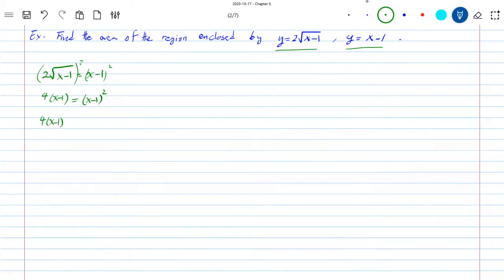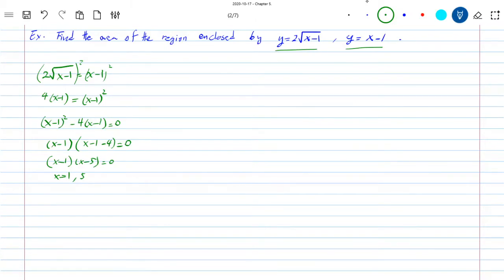The other way is easier: (x minus 1) squared minus 4 times (x minus 1) equals 0. They both have x minus 1 in common. X minus 1 factored out, you have x minus 1 left, minus 4 equals 0. So what you get is (x minus 1)(x minus 5) equals 0. So there are two solutions, x equal to 1 and x equal to 5.